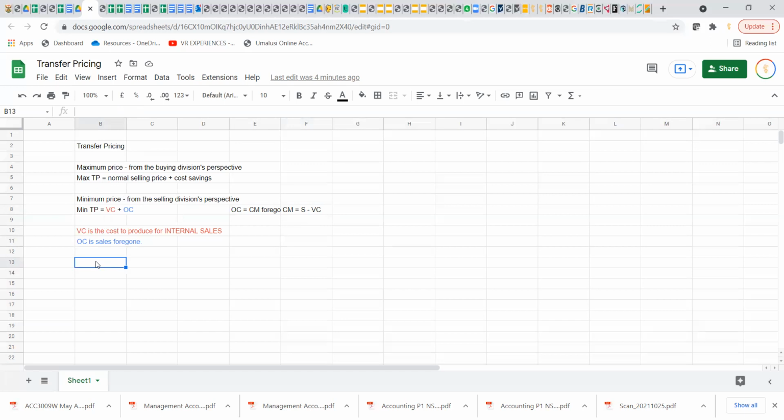So the question is, how do we know if we have an opportunity cost or not? We're going to have to do a capacity calculation. So basically, how do we work out whether we have spare capacity or not? We will say the following.